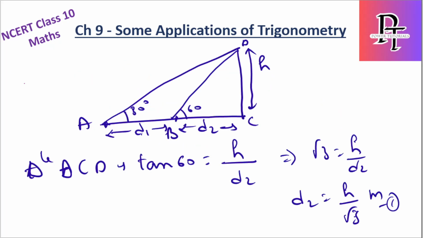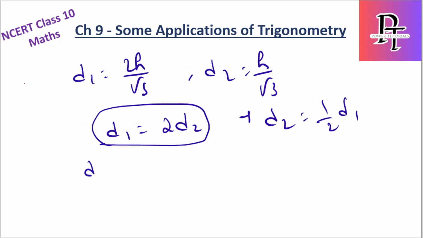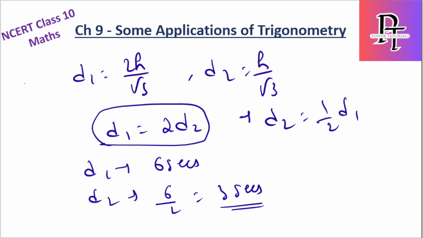So here what they said is, to cover d1 it is taking 6 seconds. So to cover d2, simply it will be half of the time, 6 by 2, which is equal to 3 seconds, because it is the same velocity. We know speed or velocity is equal to distance by time.